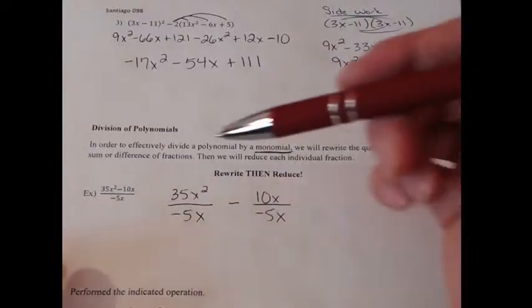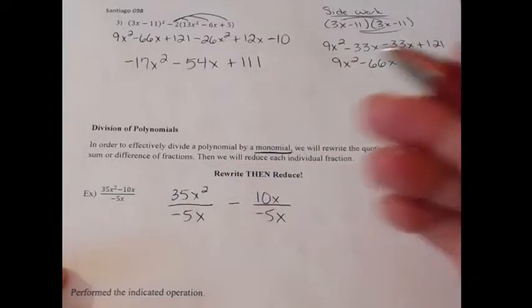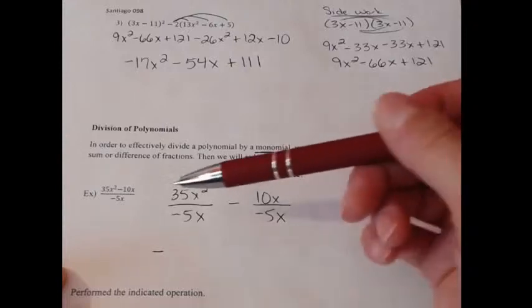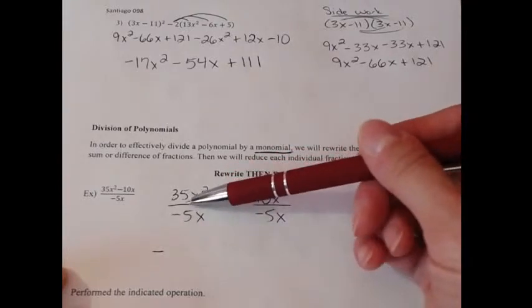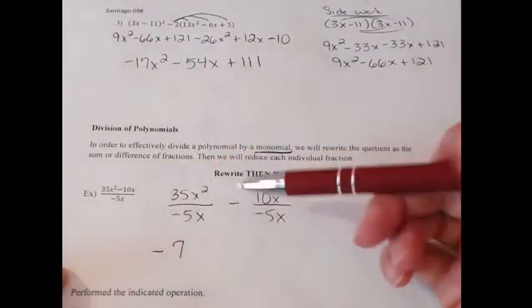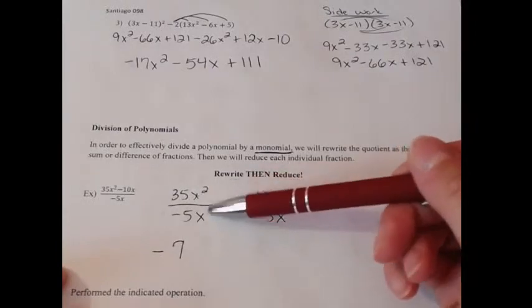The first thing I like to do is I notice that I have a positive divided by a negative. So I'm going to make a note that my resulting fraction better be negative. Next, notice I have 35 over 5. So 35 divided by 5 leaves me with 7. Then I look at my variable bases. I have x squared over x.